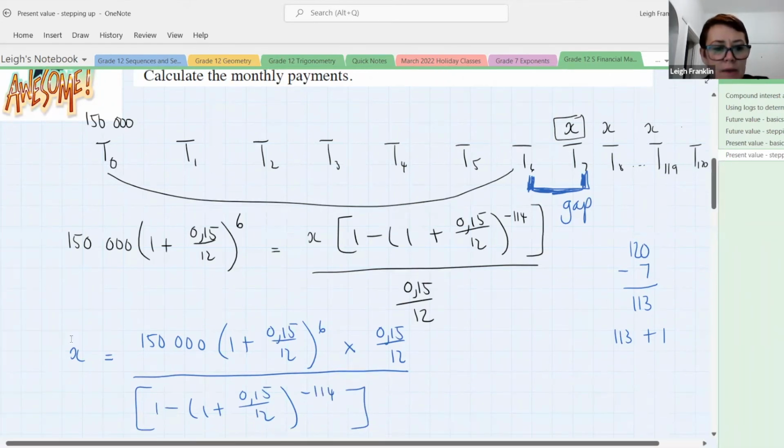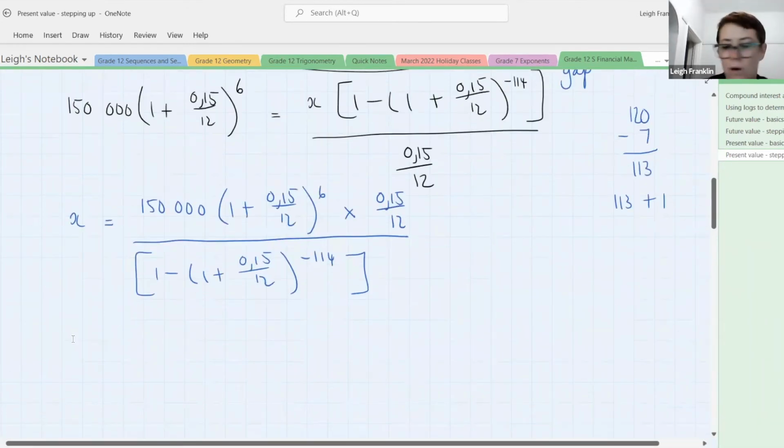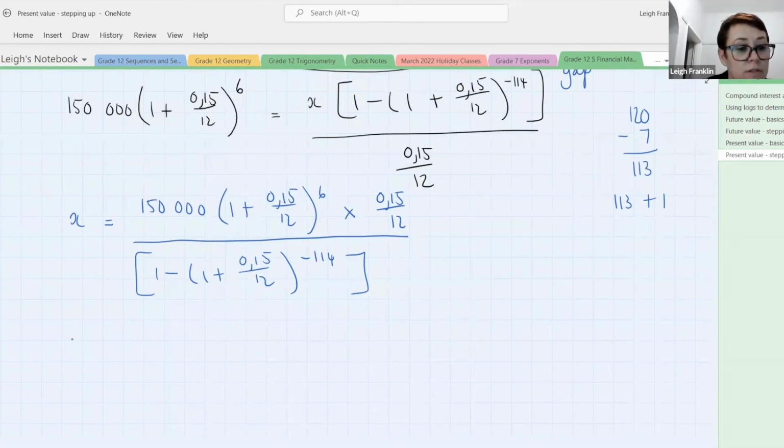And then that's what I got. At least I think that's the right answer. I'm pretty sure this is correct. I got 2667.29 when I did this. All right. Does that make sense to everybody?